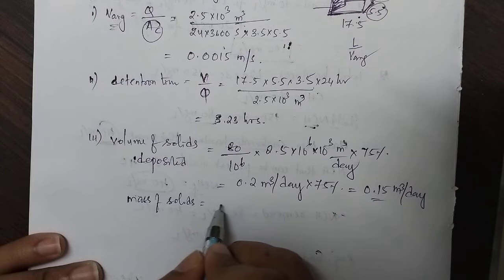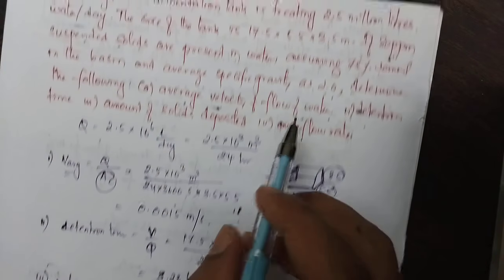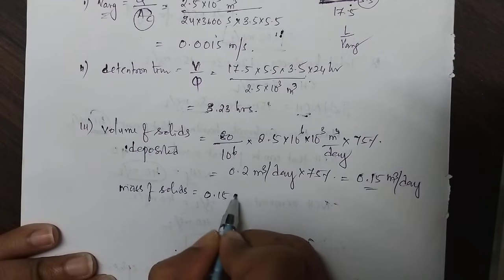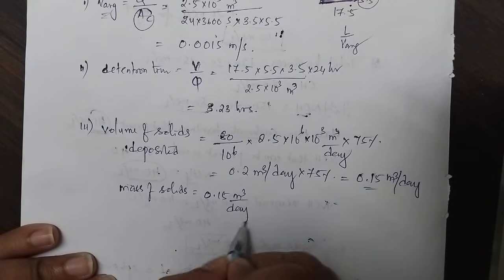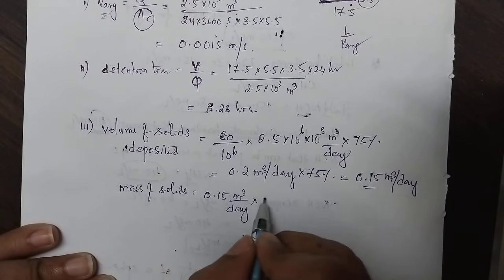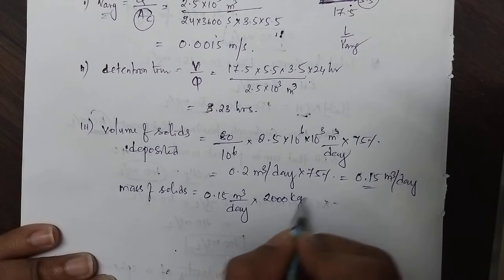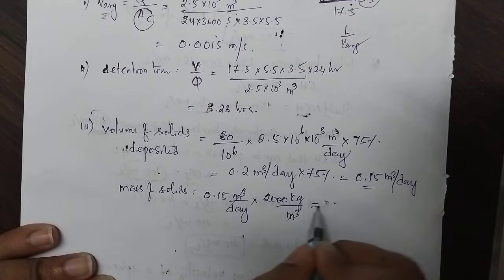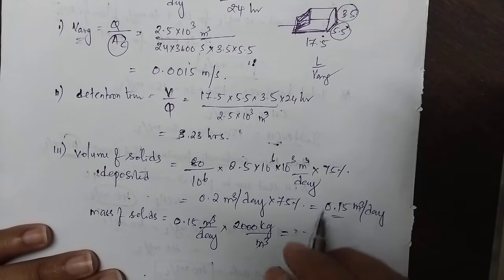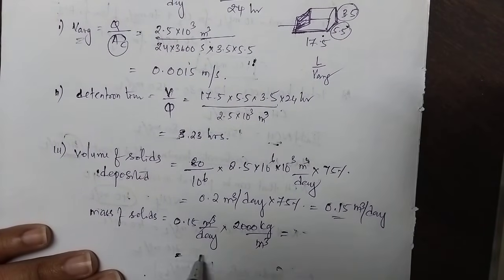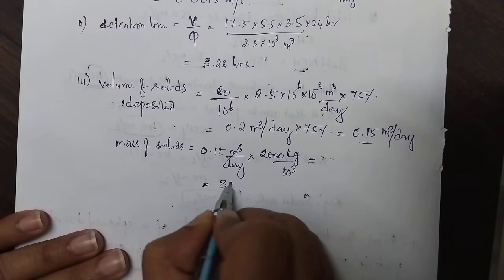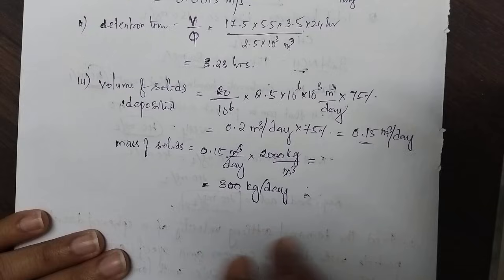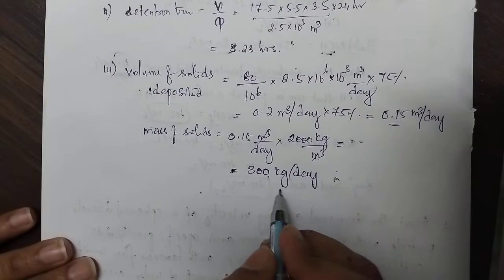Given the specific gravity as 2.0, so 0.15 meter cube per day, density is 2000 kg per meter cube. So you should get 300 kg per day. This is the mass of solids which are being deposited.